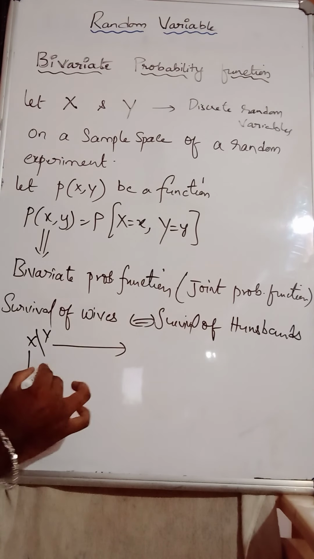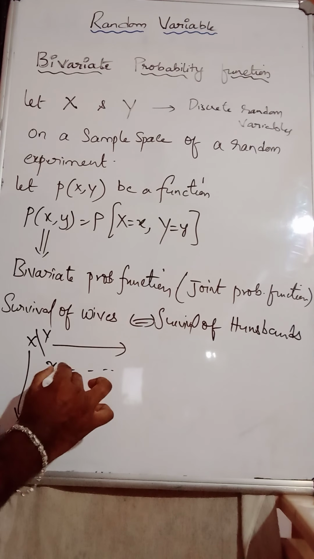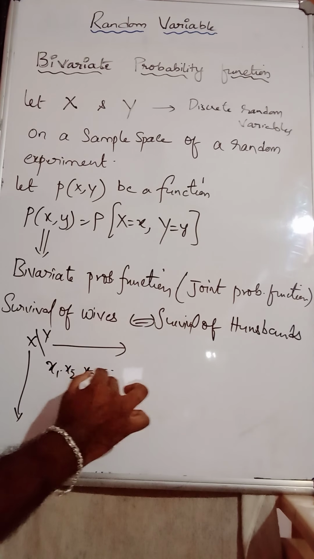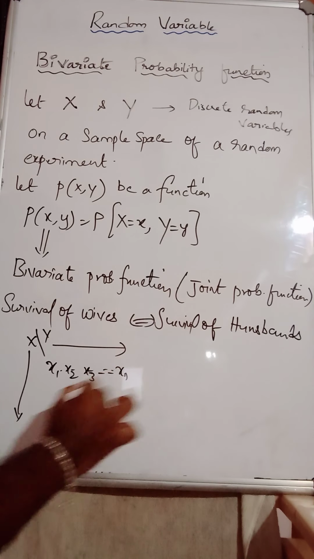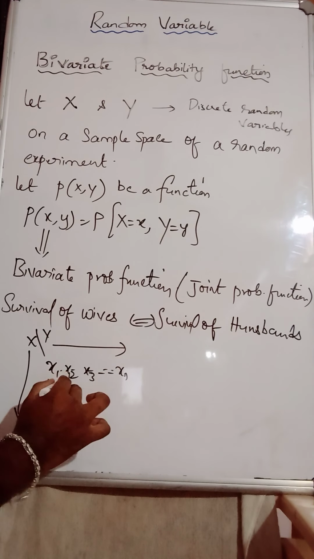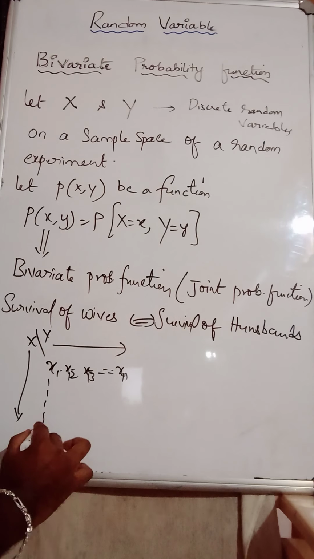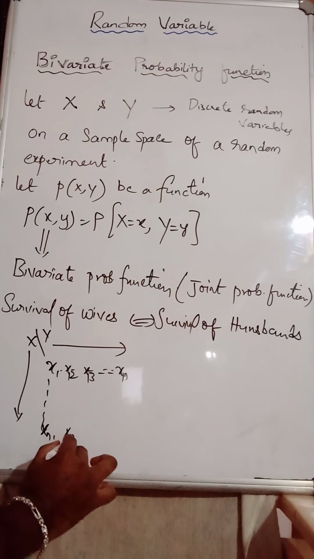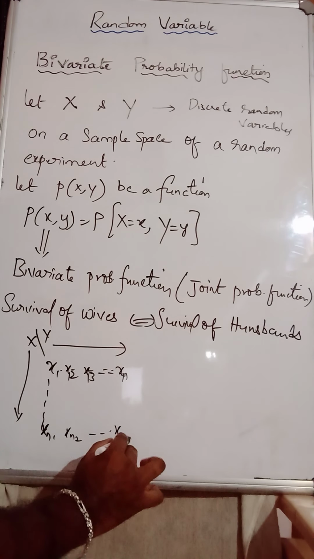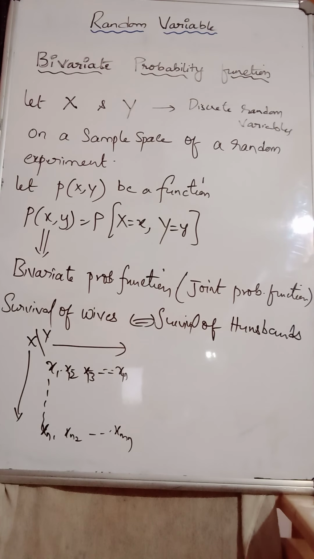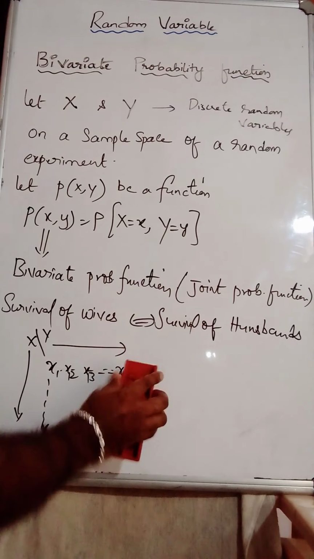Right. And x values the real values, small x1, x2, x3 and so on xn. Similarly this one x11, x12, x13, x1n. So xn1, xn2 and so on xmn. So this way, when two variables, whenever you are considering it, where it is overlapping, that becomes a real value of both x and y. And probability of these concerns. So these are all the probability values. Let us consider.